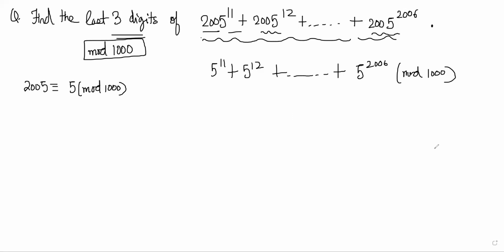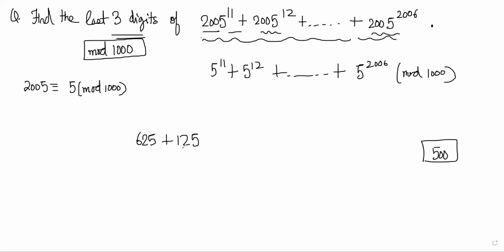The answer is 500. Maybe you have made some mistakes somewhere. I also found that if the power is an odd number, it should be 125, and if it's even, it's 625. Correct, so it is 625, 125, and so on.